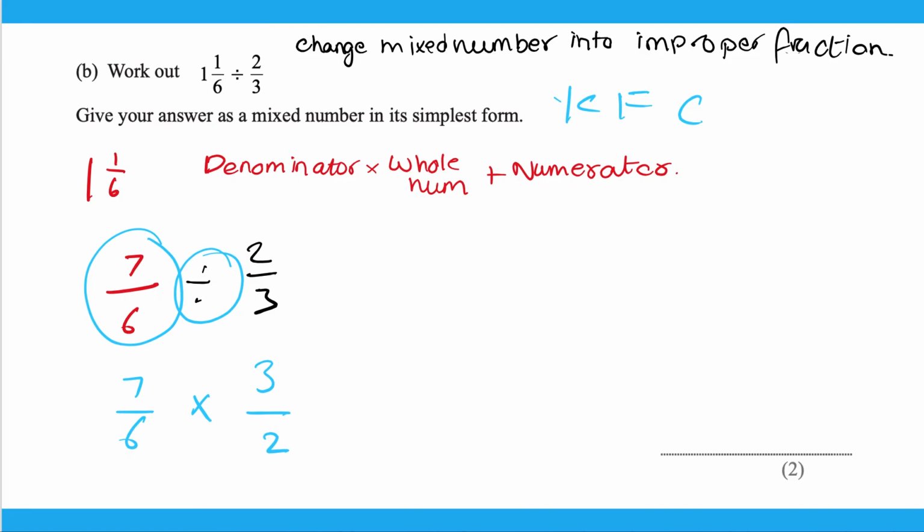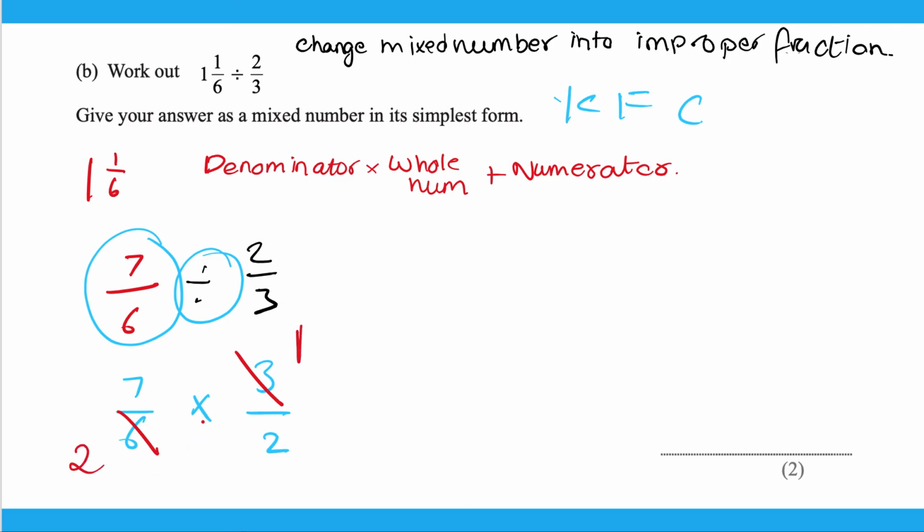Now whenever we're multiplying fractions, you look for opposites which can cancel out. So as you can see, 6 and 3 both go in the 3 times table, so we can divide both of them by 3. 6 divided by 3 is 2, and 3 divided by 3 is 1.